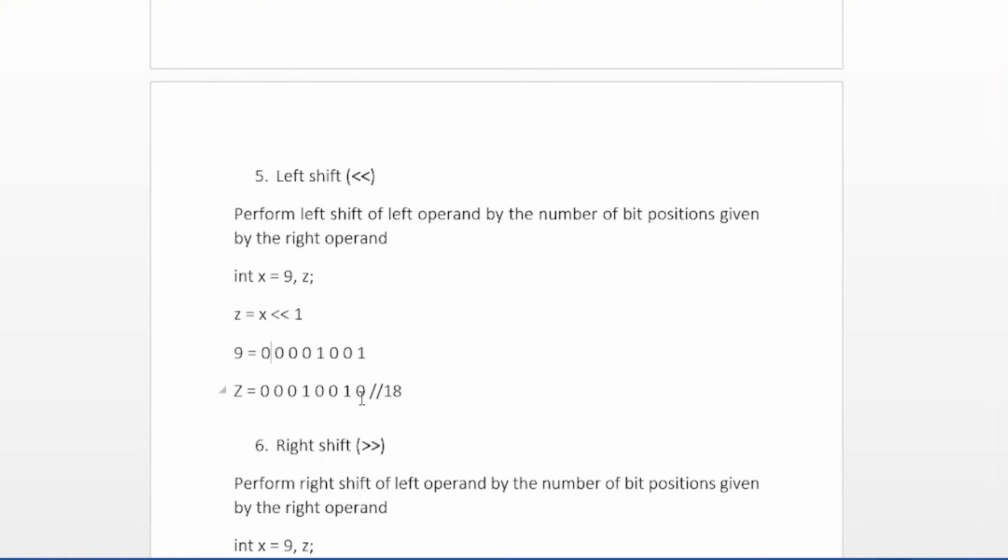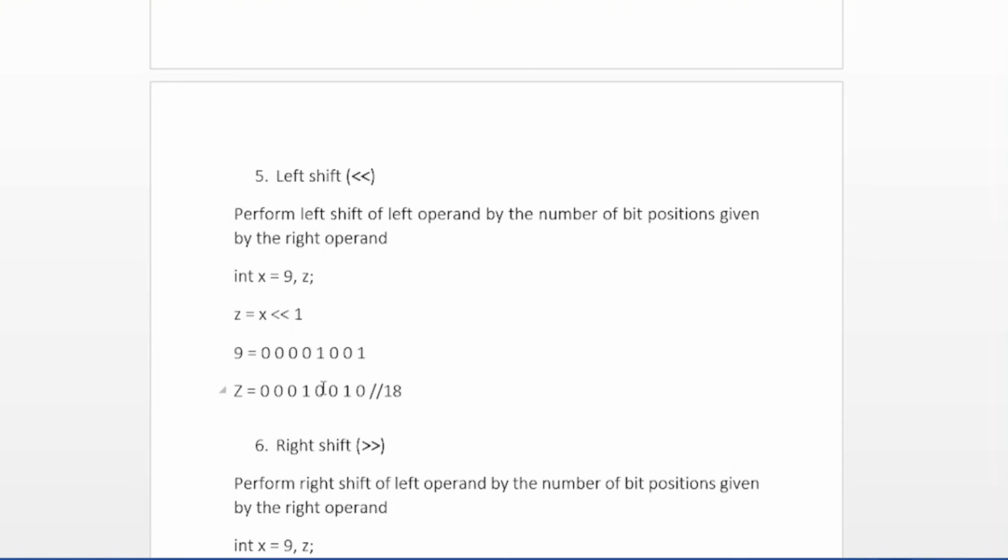So this has been shifted 1 to the left. Now this is the binary for 18. Basically, when we perform left shift we are multiplying the value by 2, and when we right shift a value we are basically dividing.